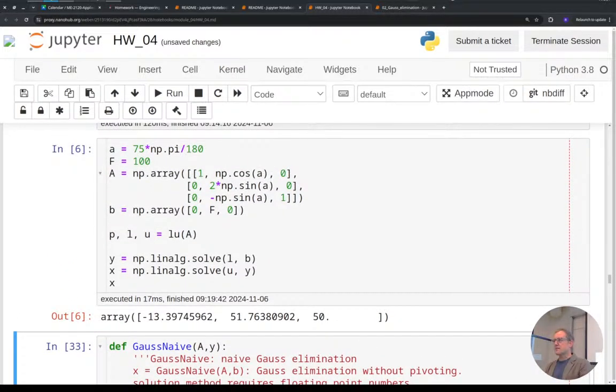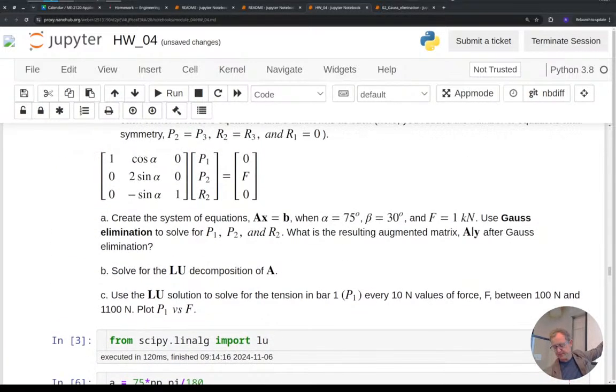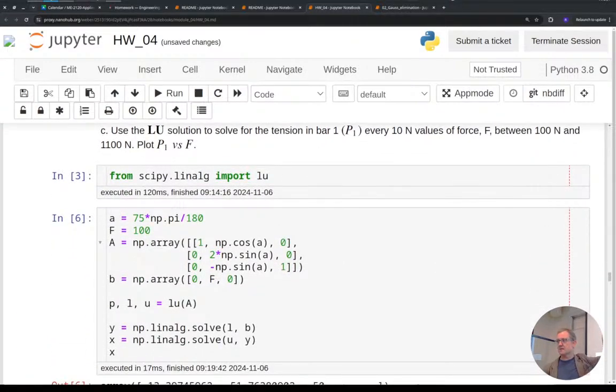So kind of stepping through what I did, I turn a system of equations, this matrix, into actual arrays, numbers in the computer. Those I'm decomposing into L and U, lower and upper matrices.